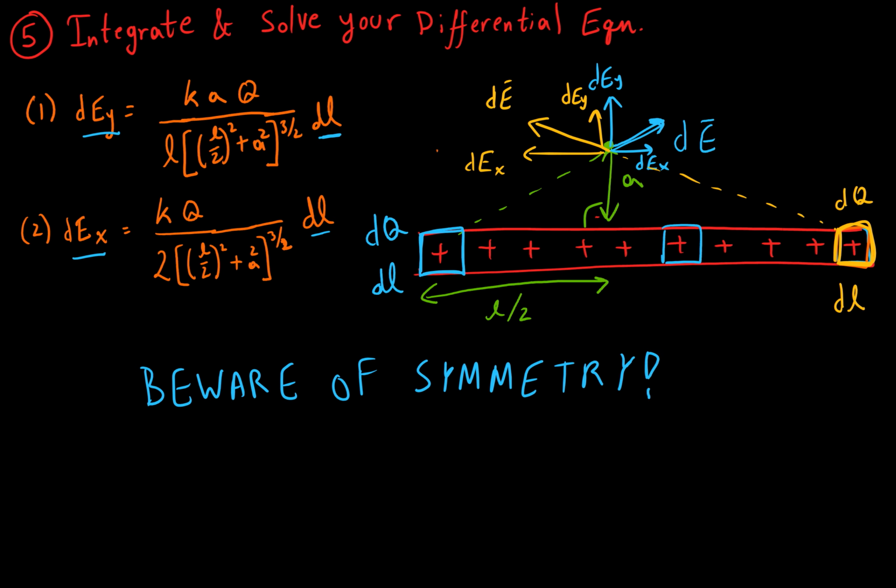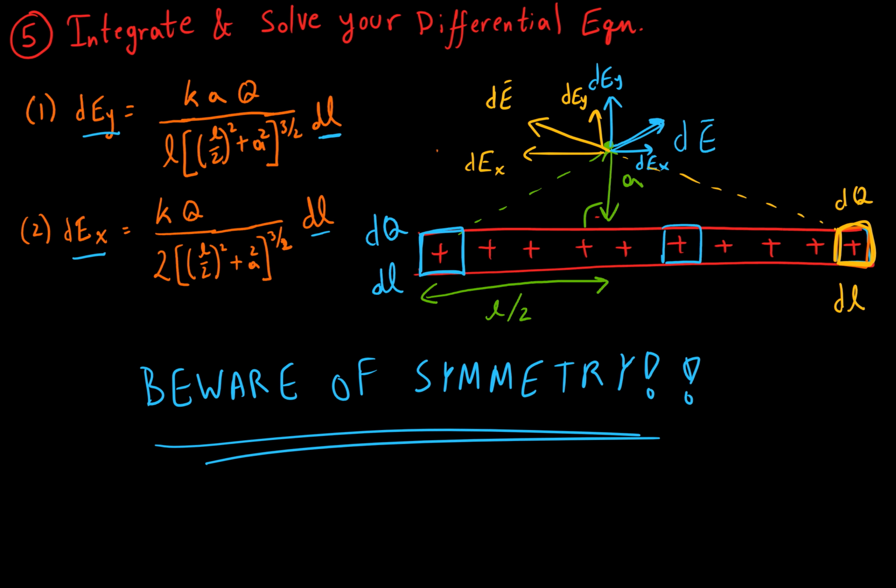Sometimes we might not even have to solve all of our differential equations. Just by looking for the symmetry here in this picture or scenario, we don't have to worry about one or more of these differential equations.